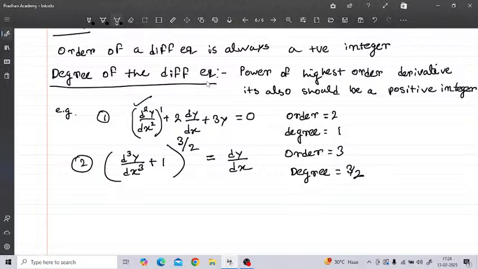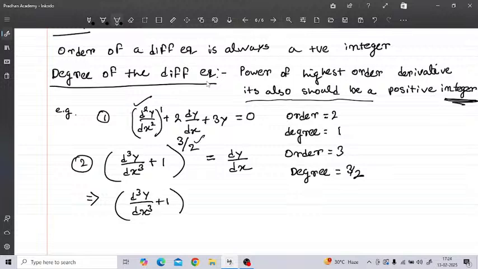But it's not true. You can read the second line I wrote that it should also be a positive integer, not a fraction like this. So what should I do? We should make it radical free. How? We will square both sides.